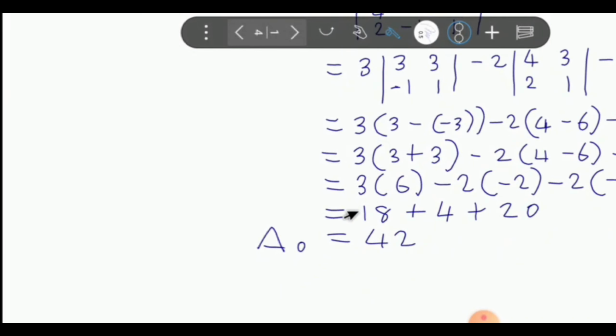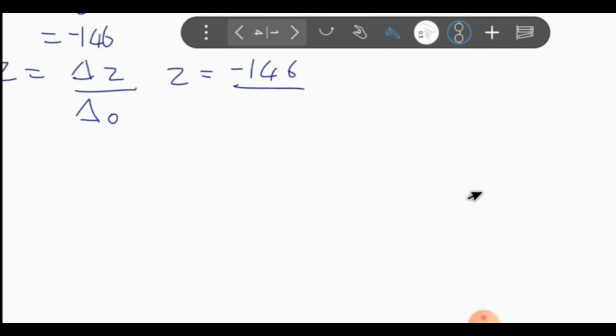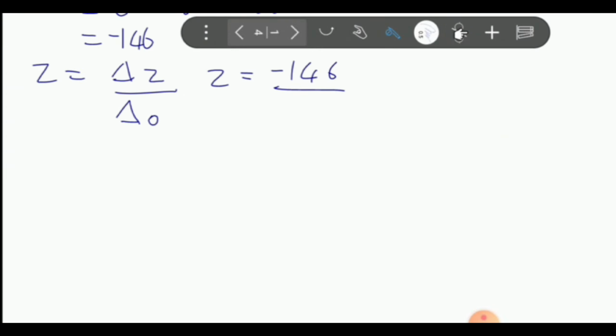Change in naught is 42. So z will be minus 73 over 21. Thank you.